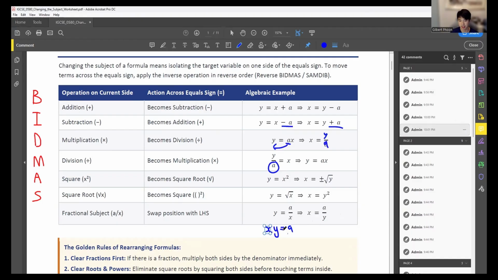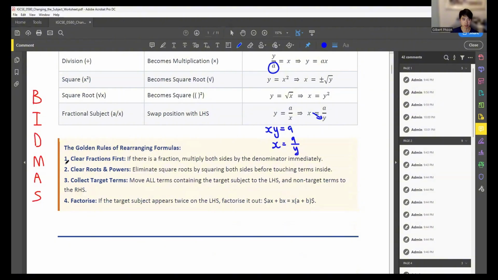Then I would have x times y equals a. From here, x times y, I can just move y to the right-hand side, which is a division. Therefore, it is a divided by y. Of course, like I said earlier, the shortcut would just be swapping positions, right?